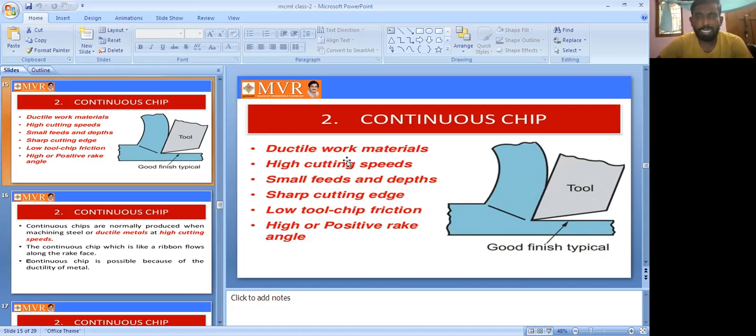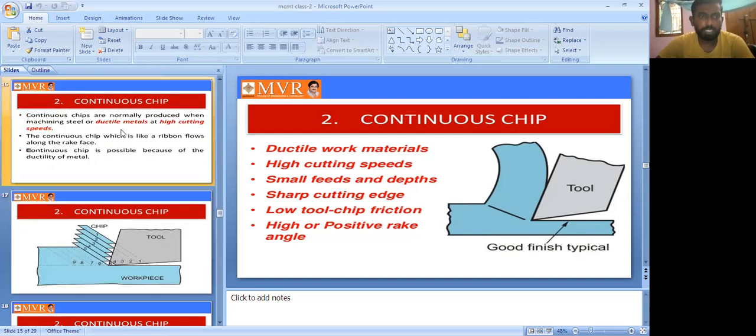We see high cutting speed, small feed and depth of cut, a sharp cutting edge, low tool-chip friction, and high or positive rake angles with continuous chip formation. These are some of the points we can observe in continuous chip formation.